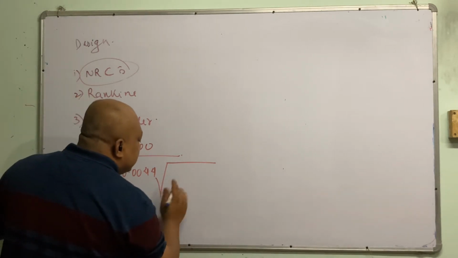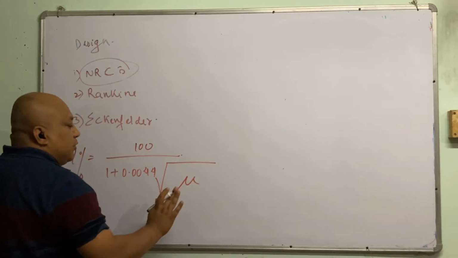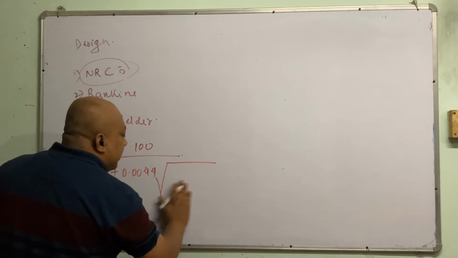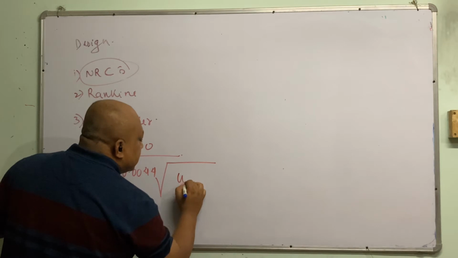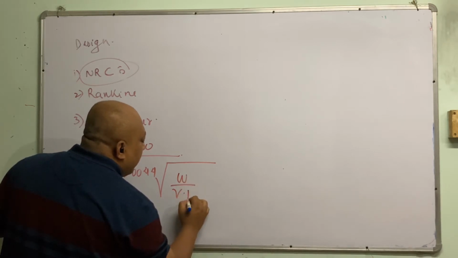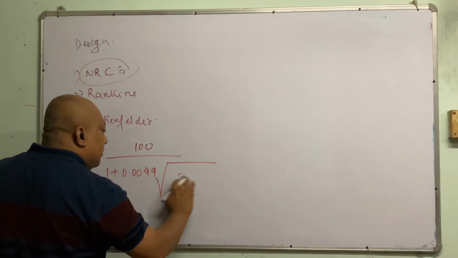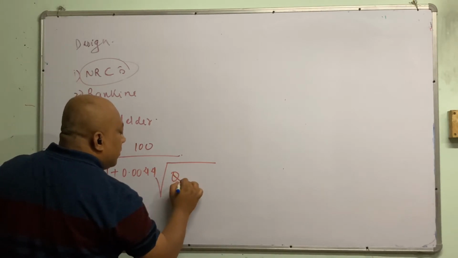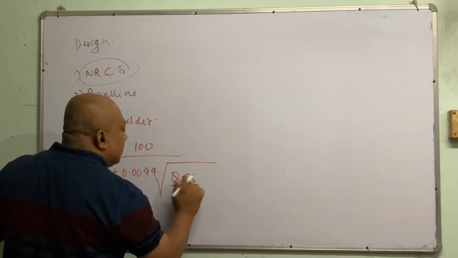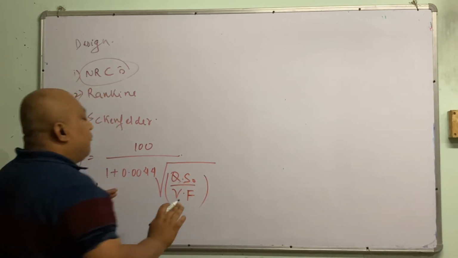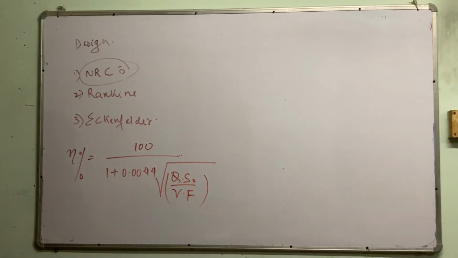Sometimes you'll see this as a micro, just a unit. In another way, this is W V into F. Now, let me make this W also as Q into S naught. This is a simple fundamental. You'll find different notations, but all have the same meaning. That means the efficiency of a trickling filter is given by this equation.